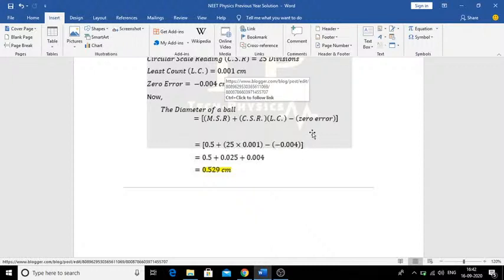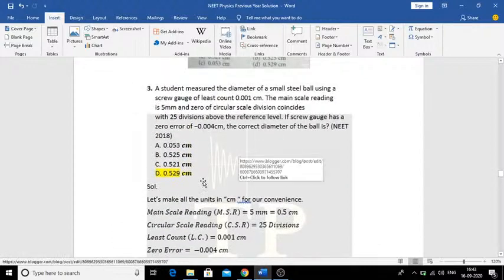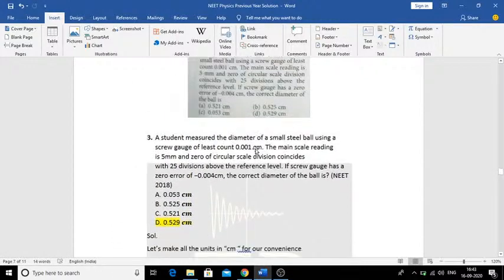So I have substituted this, and zero error is minus 0.04. Always remember, this minus is from the formula and this minus is from the given data. So using these two, this will become plus, and I will add all of them, and my final answer will be 0.529 centimeters. So my right option is option D, here also and here also.